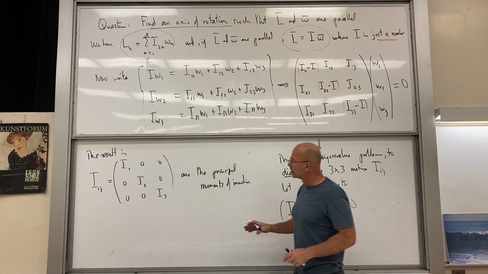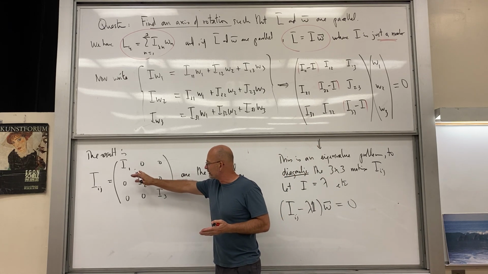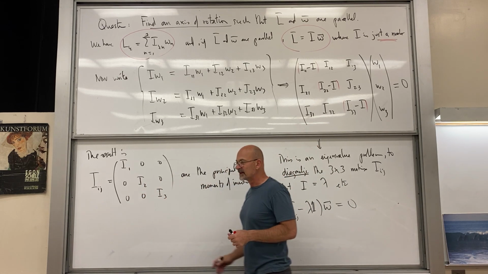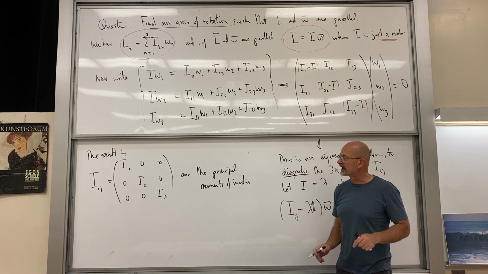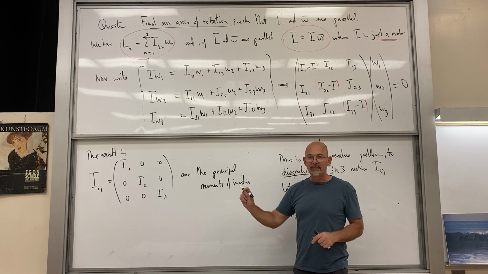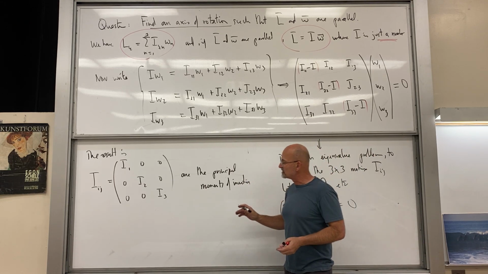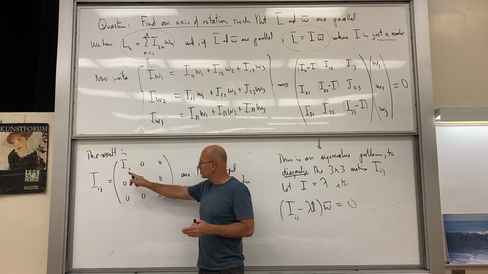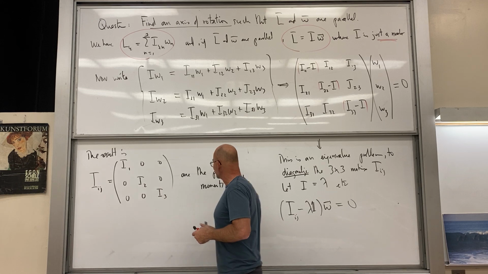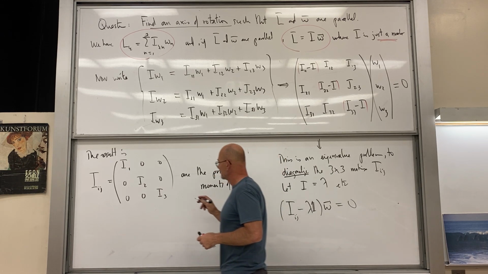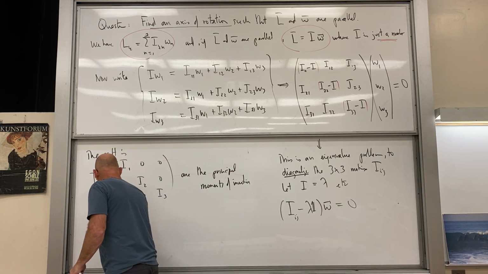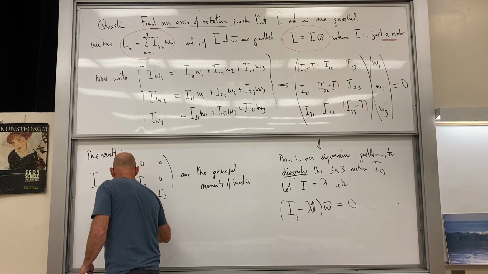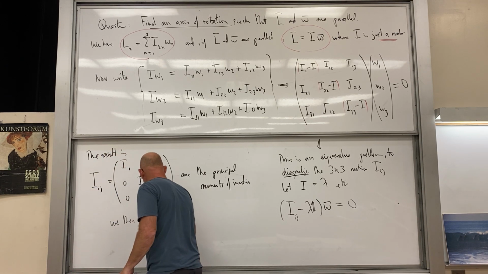And that means the most general rigid body can be represented like this. It doesn't matter how complicated it looks. If you located its center of mass and did the diagonalization, you'd locate the principal axes, and those would be the corresponding eigenvalues. So we then have principal axes.